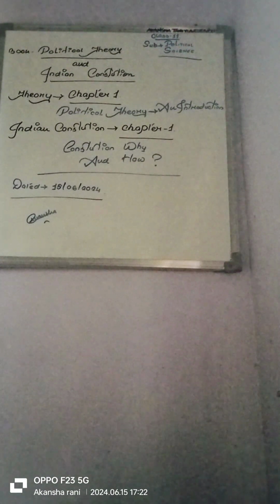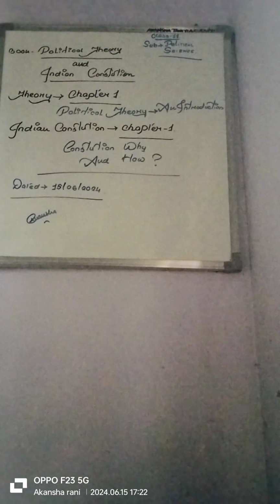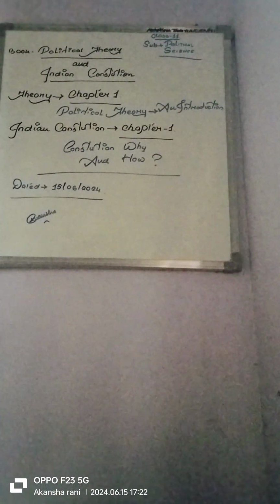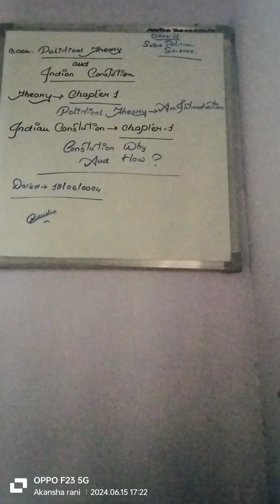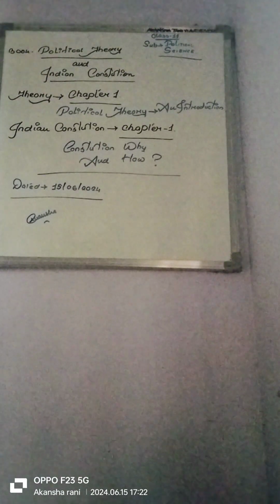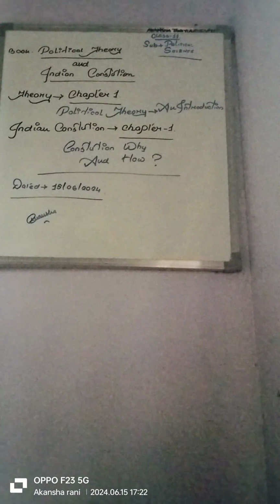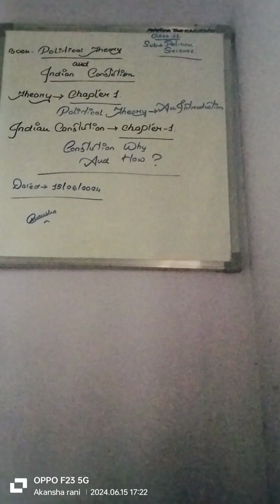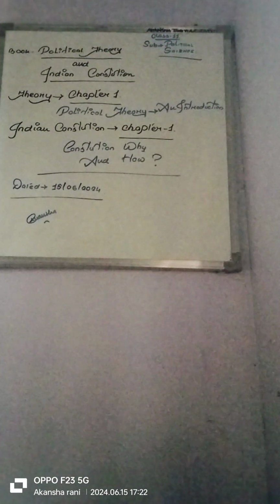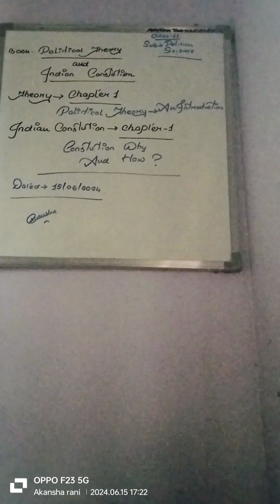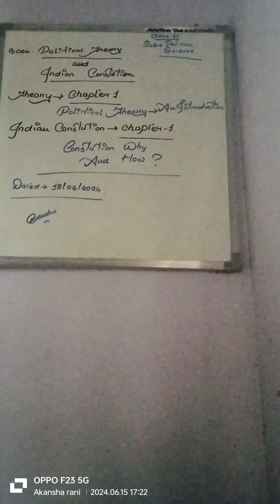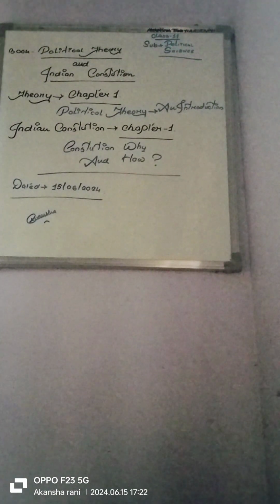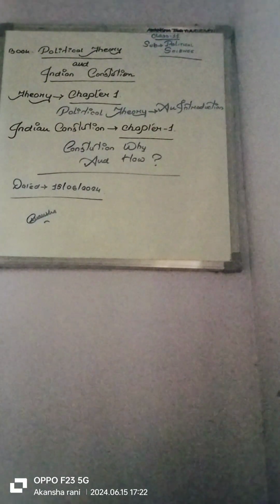Now the next comes fundamental rights. Those are the basic rights enshrined in the Constitution of India, which are granted to all the citizens of India, applied without discrimination on the basis of race, religion, gender, caste, etc. Now, why are they called fundamental rights?